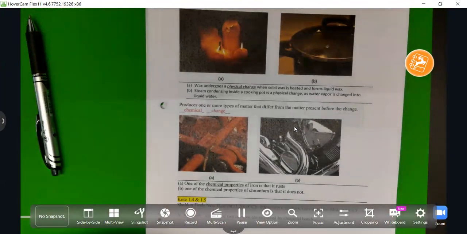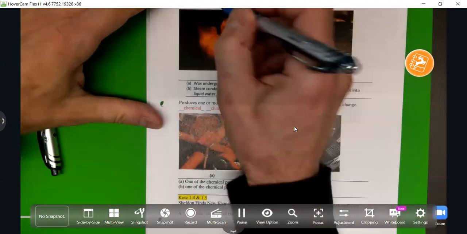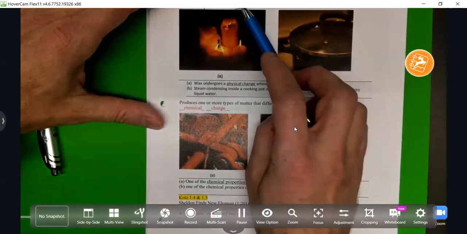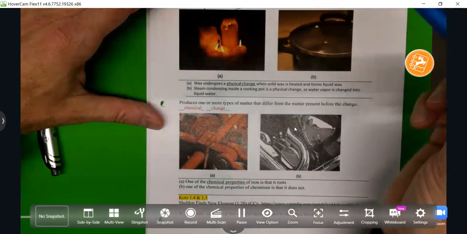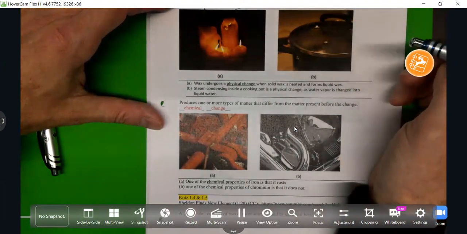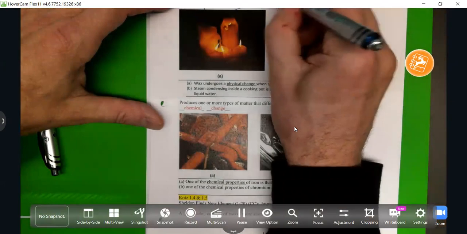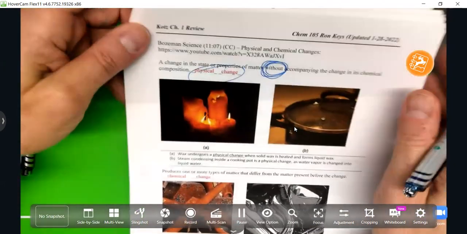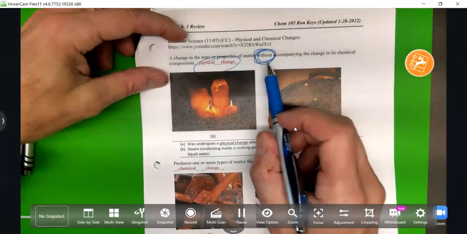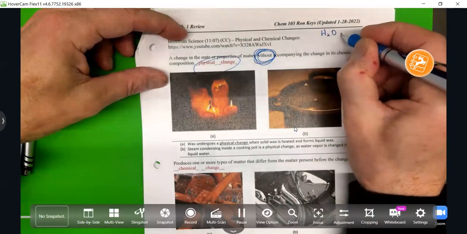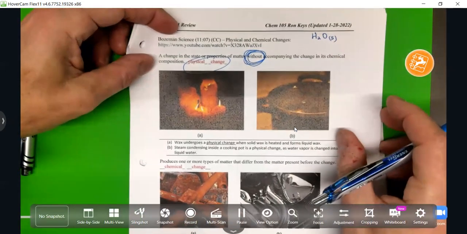Then just some chemistry terms. If we do a physical change, if you do a physical change, you're not changing the chemical composition. So, H2O, solid. Ice, right?